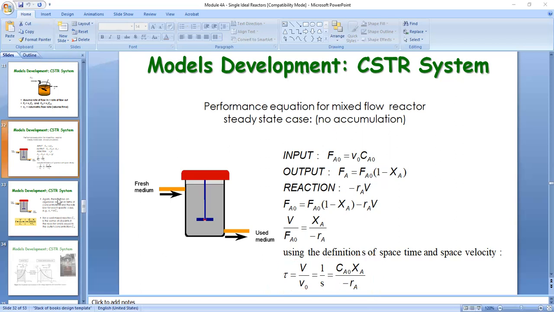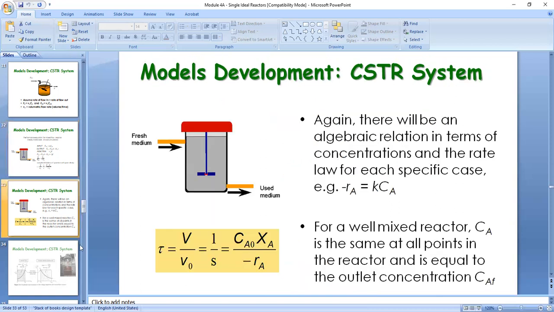We proceed. I have already highlighted here the performance equation for your CSTR. This is just an algebraic relationship in terms of concentration and the rate, with the rate law for each specific case.